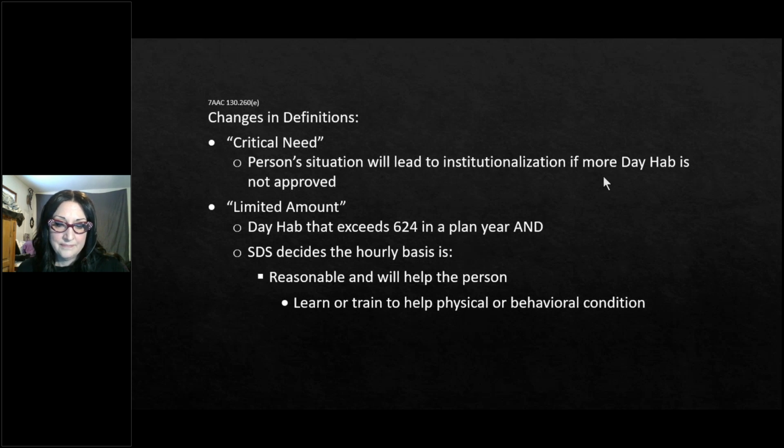Limited amount means day hab that exceeds 624 in a plan year and SDS decides that the hourly basis is reasonable, will help the person learn or train the person to help a physical or behavioral condition. Okay, so when it says limited amount, it's referring to approvals above the limit.